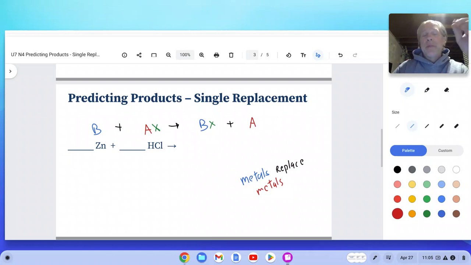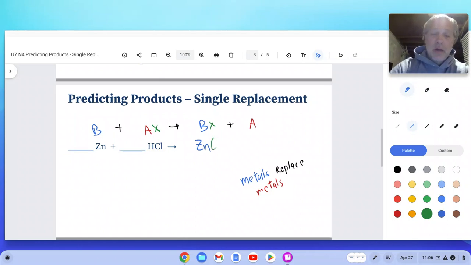It's a nonmetal. But for balancing and predicting products of reactions, we're going to treat hydrogen as a metal. So hydrogen is going to be the thing that's going to be replaced here. So the first thing that we're going to do is we're going to write zinc and chlorine. Going to match those up. And then we're going to write hydrogen by itself.